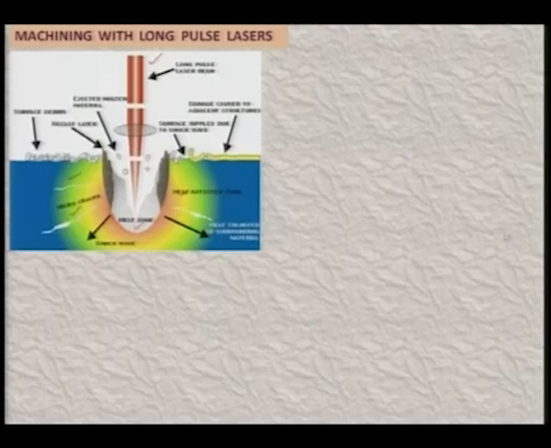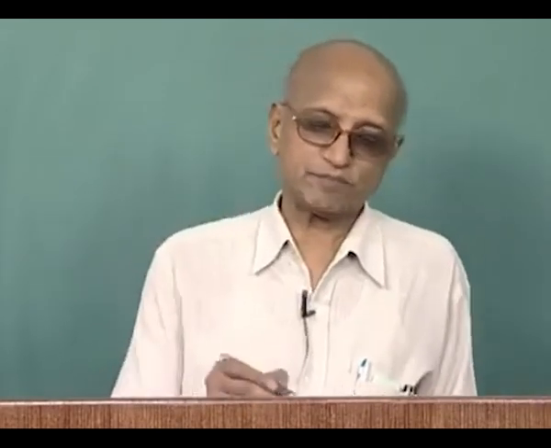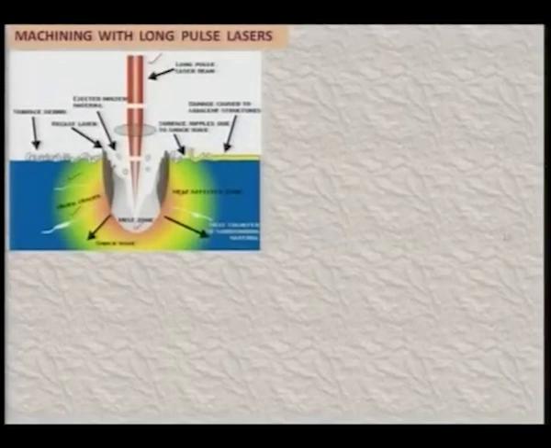Then there is a recast layer, and as I have mentioned in my earlier lectures also, these thermal processes, like EDM, electric discharge machining, and laser beam machining, have this basic problem: they produce the recast layer, which is shown over here also, and this layer should be removed before this part is put in the device.